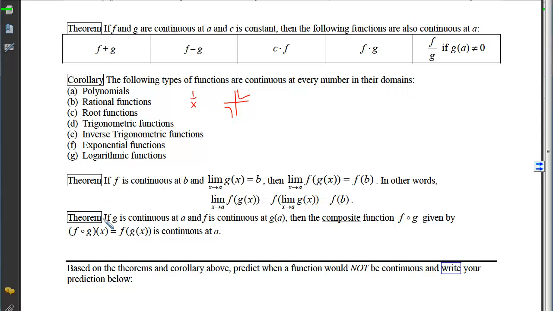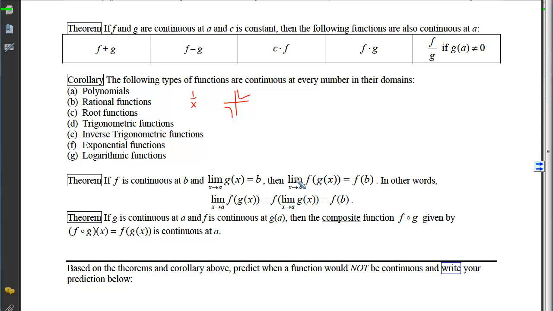So our final two theorems say if f is continuous at b and the limit of g of x as x approaches a equals b, then, well, what am I doing here? It looks like I'm taking something that is nice and something else that is nice, and instead of adding, subtracting, multiplying, or dividing, I am now composing.